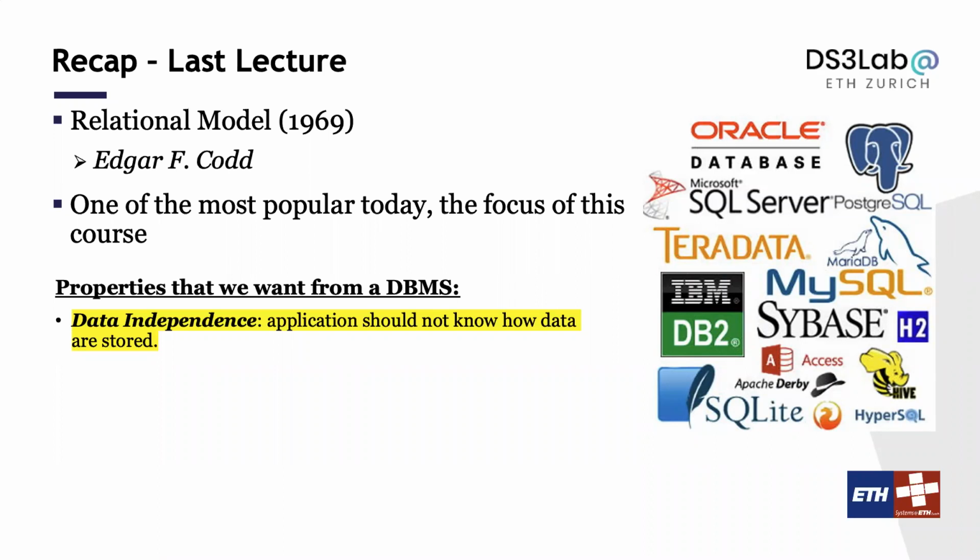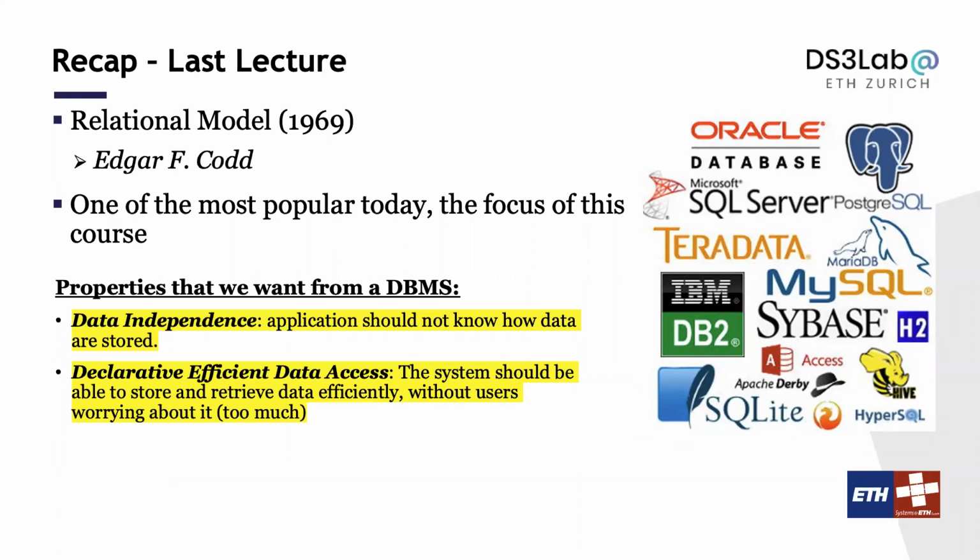But as someone building the application, your program should not change when the underlying data format or data layout changes. If your database management system satisfies this property, it makes your life much easier, because as the data and data distribution evolve, your application does not need to change significantly.